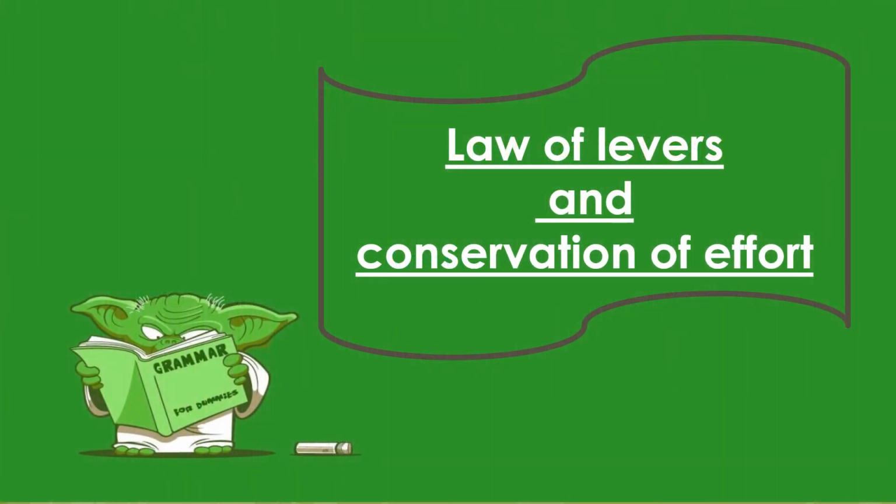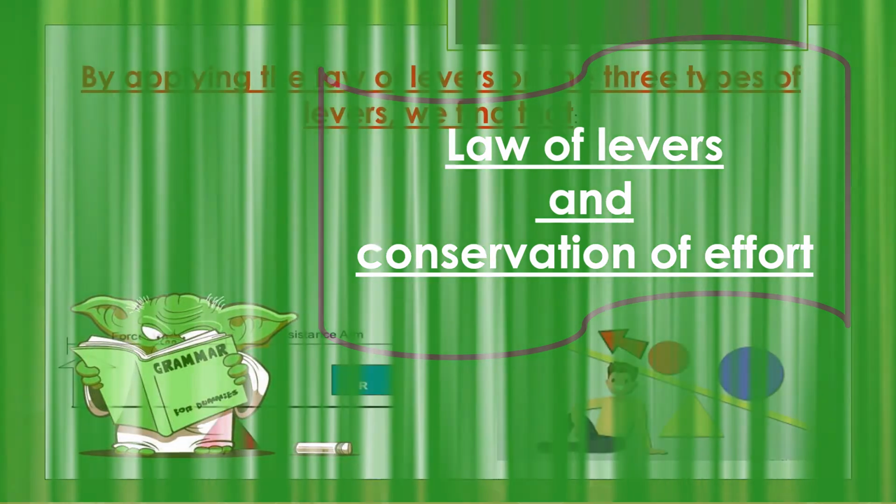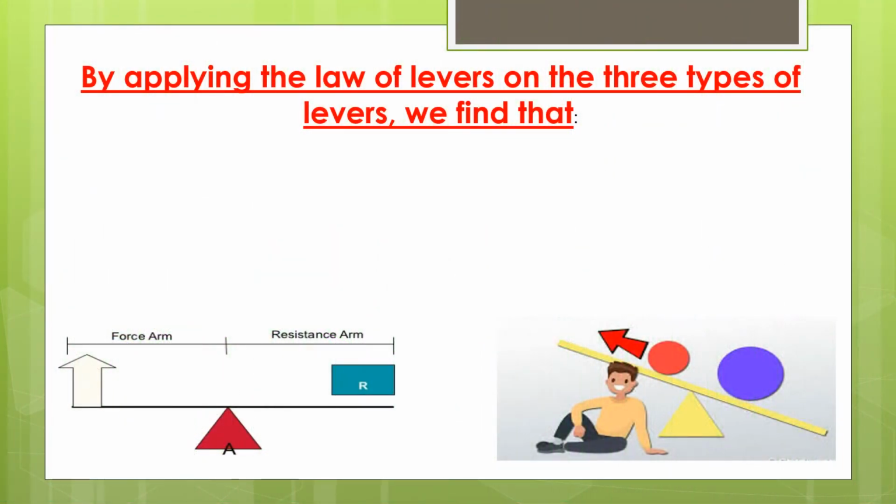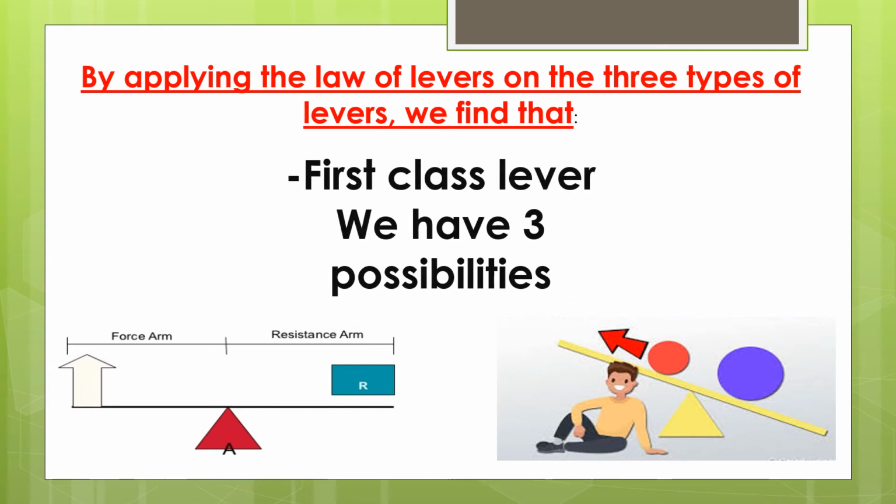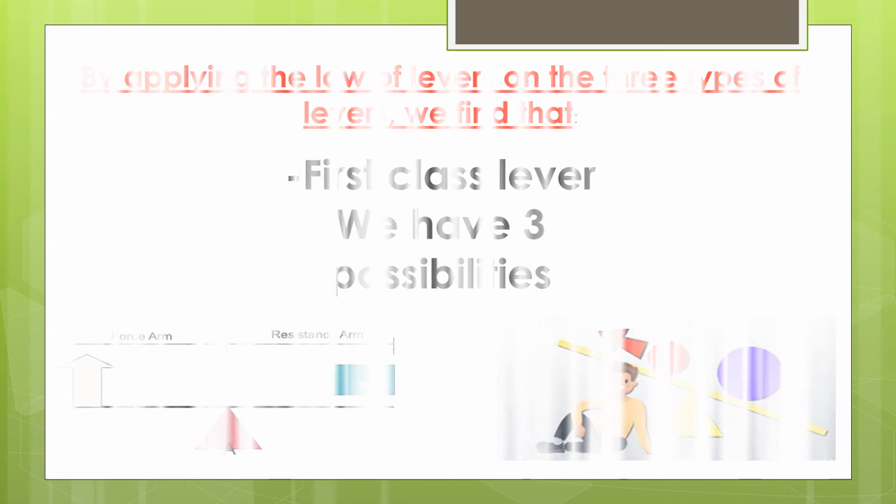I'm going to explain a very important point in this lesson: law of levers and conservation of effort. By applying the law of levers on the three types of levers, we find that in the first class levers we have three possibilities. Okay, explaining them.